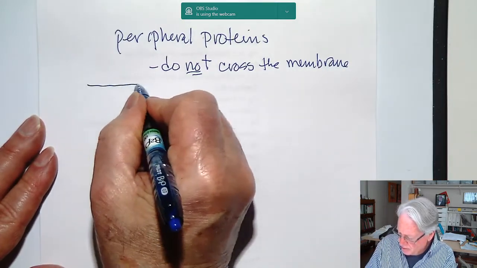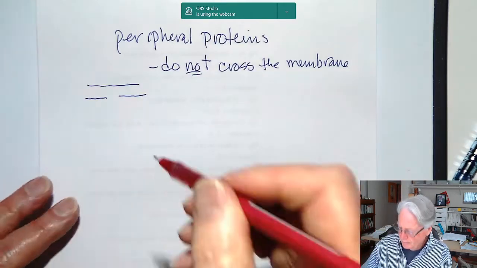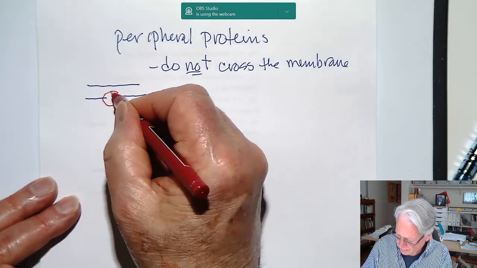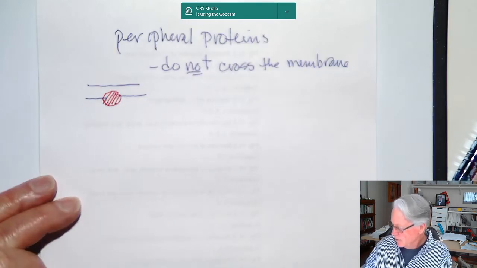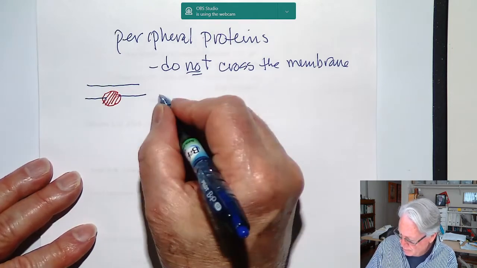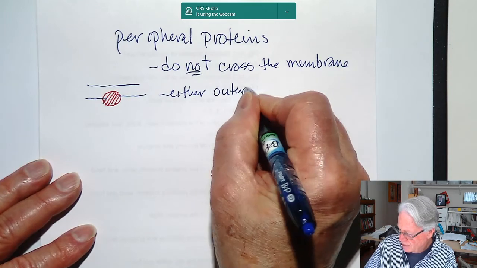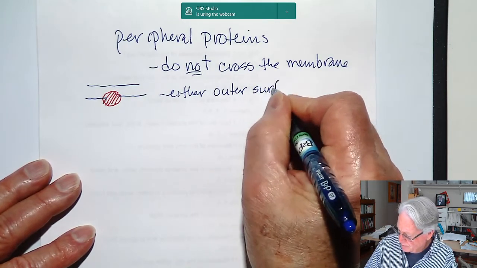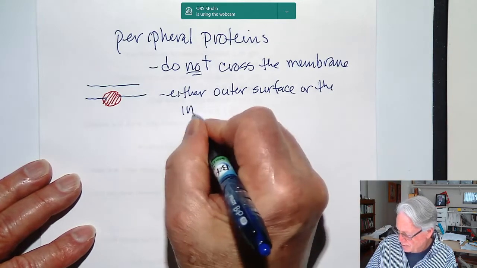And they would be only found on one side. So they're only found on one side. Either the outer surface or the inner surface.